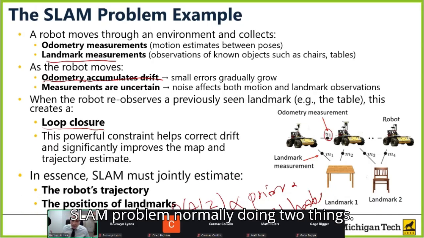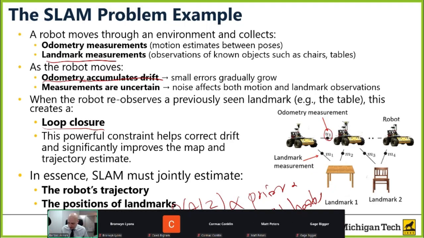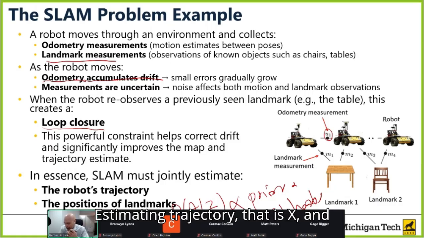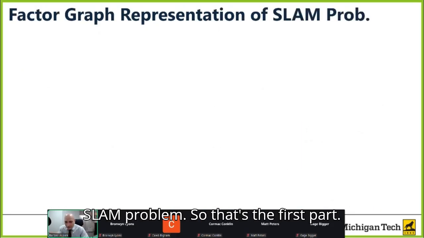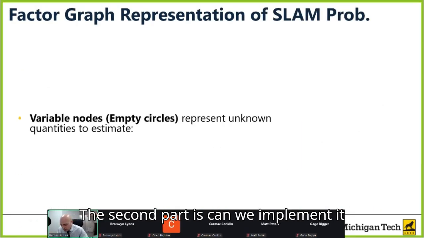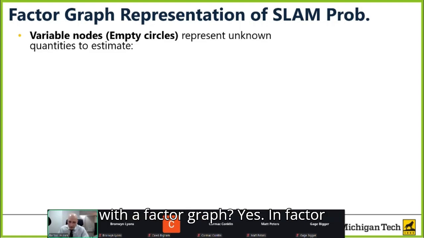So the SLAM problem is normally doing two things: estimating the trajectory, that is x, and the positions of the landmarks. That's the main part in a SLAM problem, so that's the first part. The second part is whether we can implement it with a factor graph. Yes.